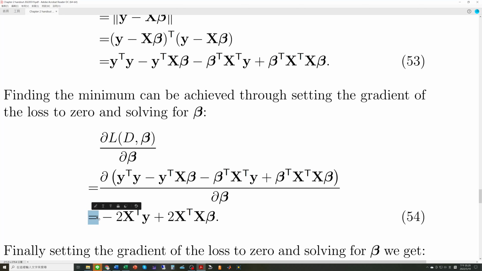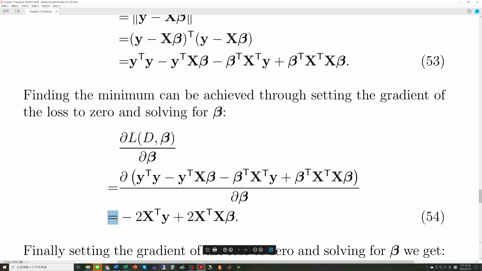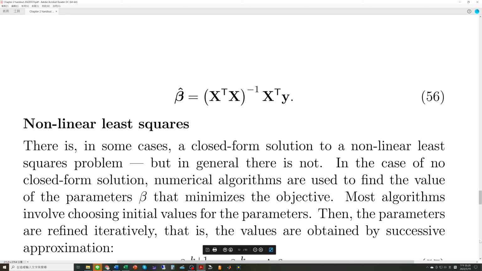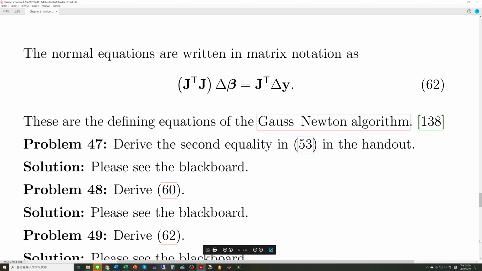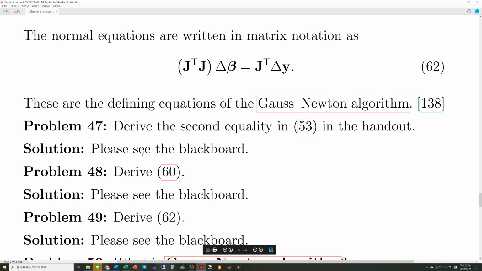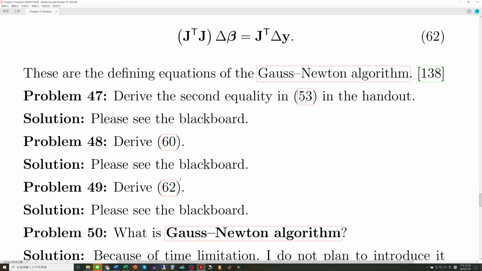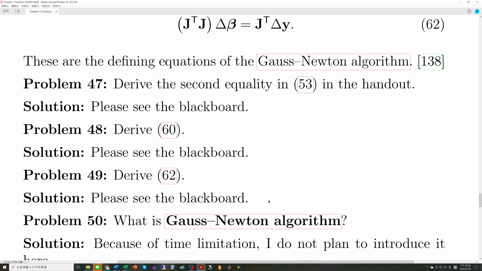Should be this equality. I will fix this mistake later. So we have derived this. Derive equation 60 done, and derive equation 62. Done.